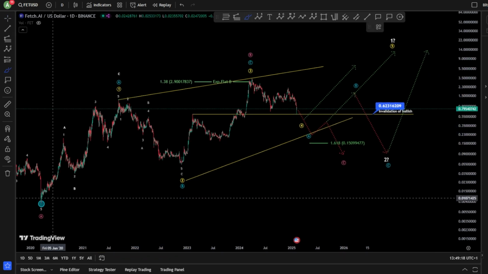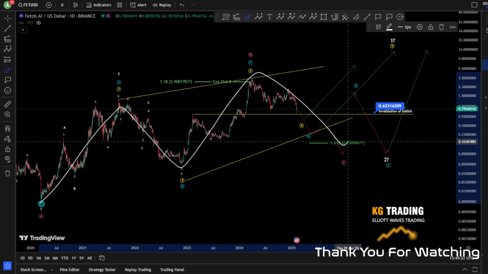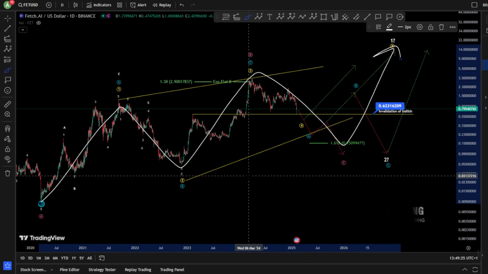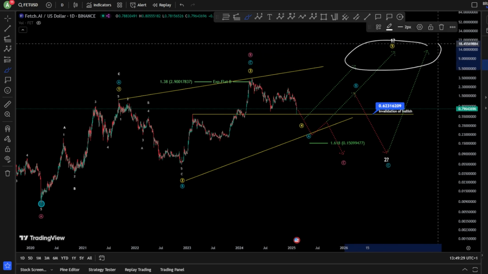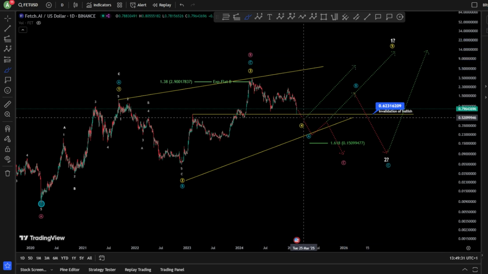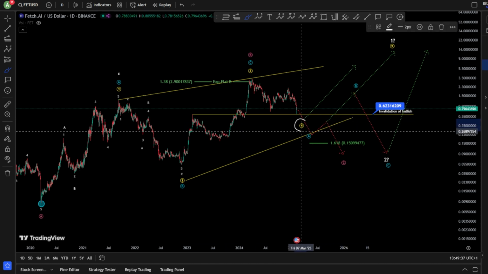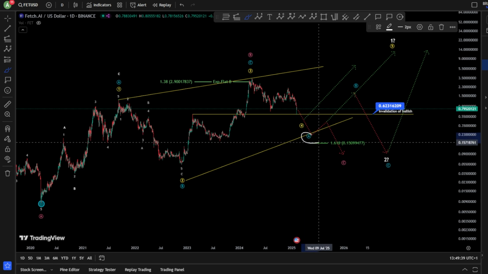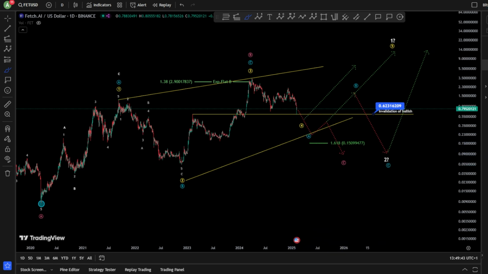By all means, 3 waves up and 3 waves down, and then, of course, continuation for a wave C, reaching again the same price that we would like to reach sooner or later. So this is the overview, guys. Highest possibility is for the yellow, second possibility is for the blue, final possibility is for the magenta.